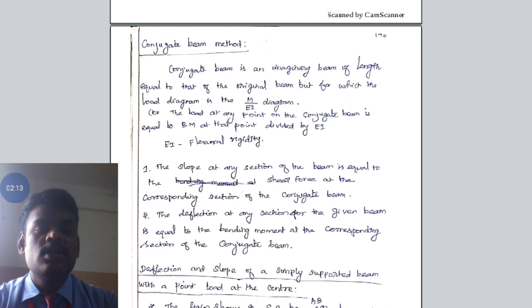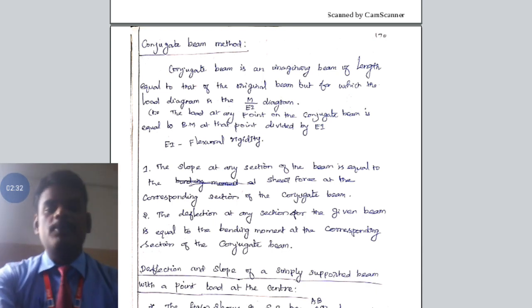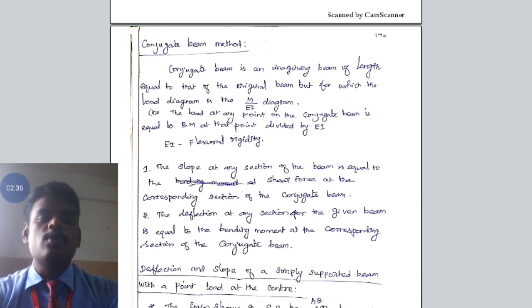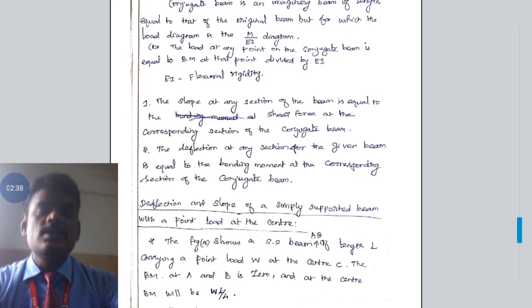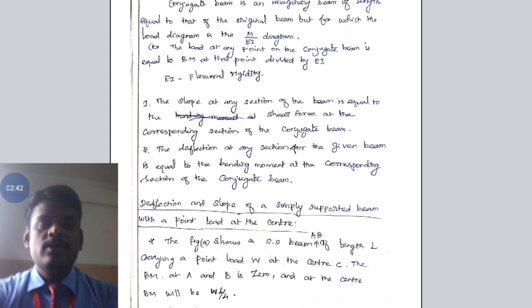First, the shear force in the conjugate beam is equal to the slope of the original beam structure. Similarly, the bending moment of the conjugate beam gives the deflection of the original beam. These are the two conditions we use in the conjugate beam method.